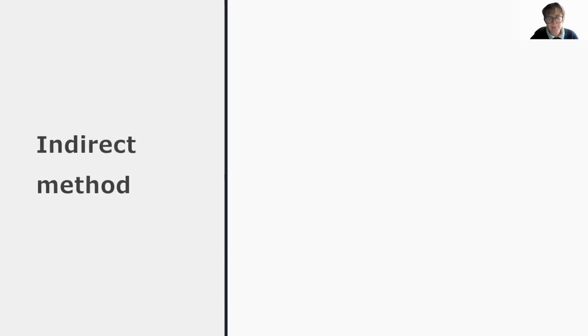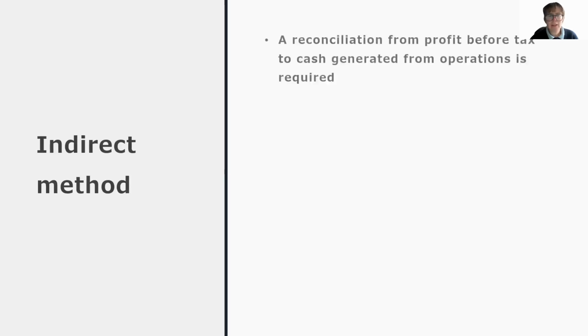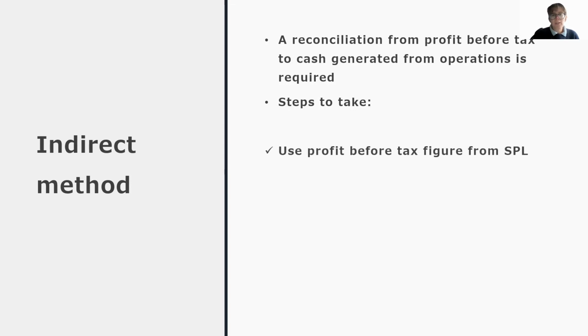So the indirect method then, what is it? Well, it's a reconciliation from the profit before tax figure. And essentially, it's going to calculate the cash generated from operations. When using this, there are a few steps that are required. Firstly, you need to access the statement of profit or loss in order to obtain the profit before tax figure.